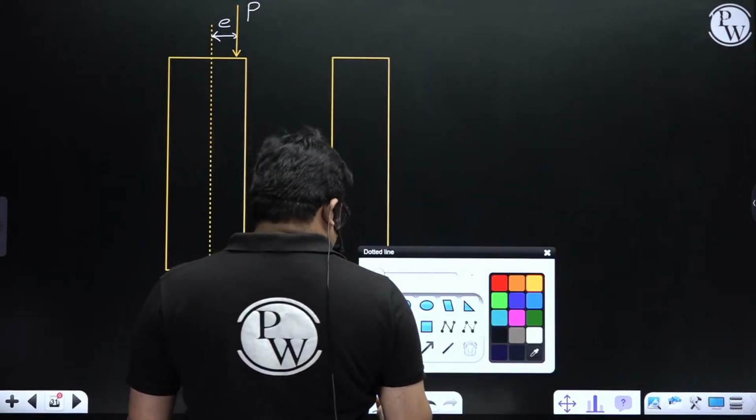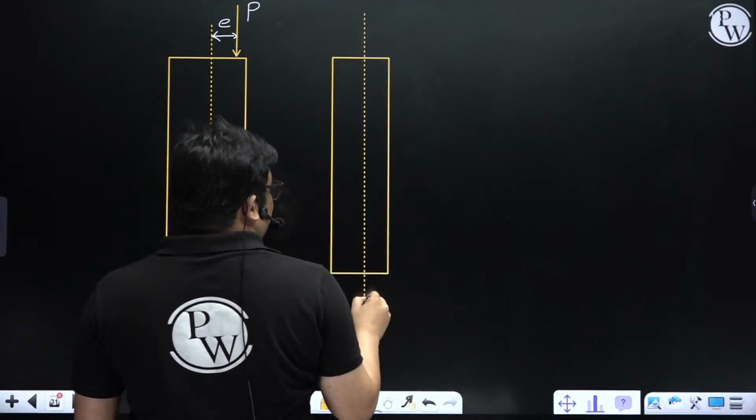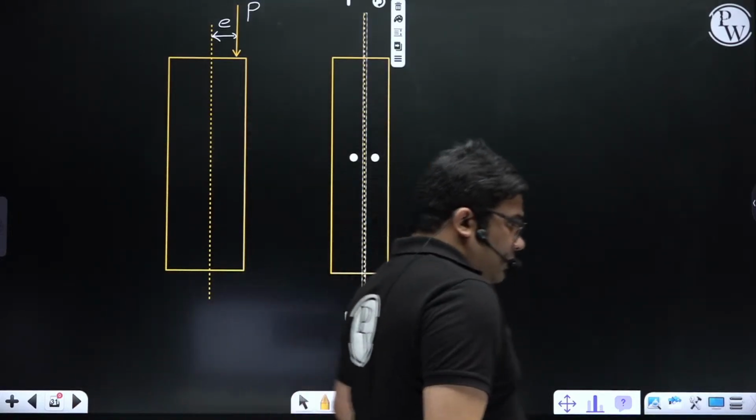Whenever we shift a load, there is a moment also.